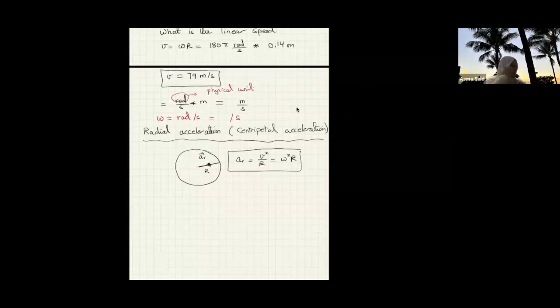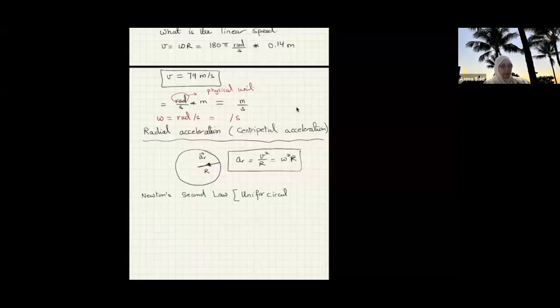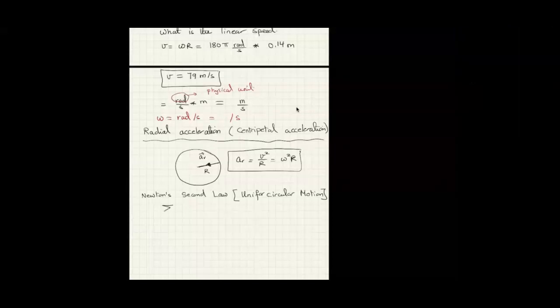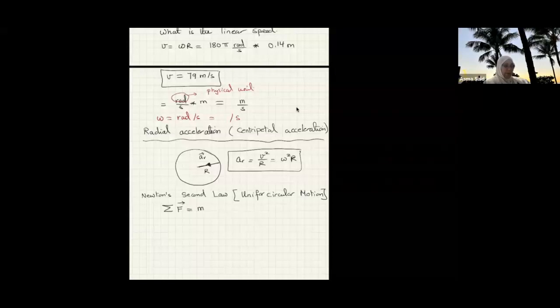Now, what we are going to do is apply Newton's second law for uniform circular motion. Briefly, what we did before, we said sigma F equals ma.